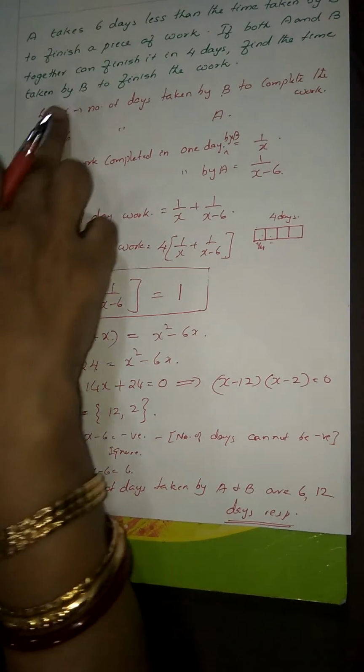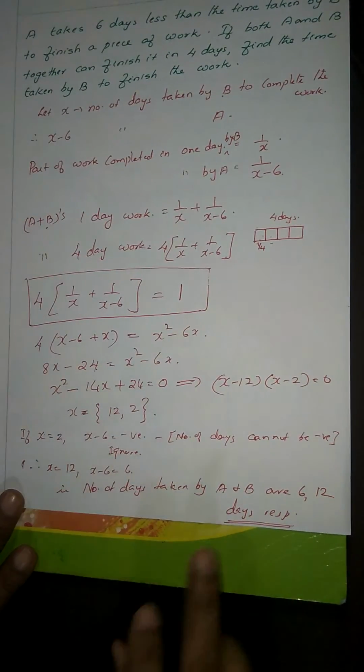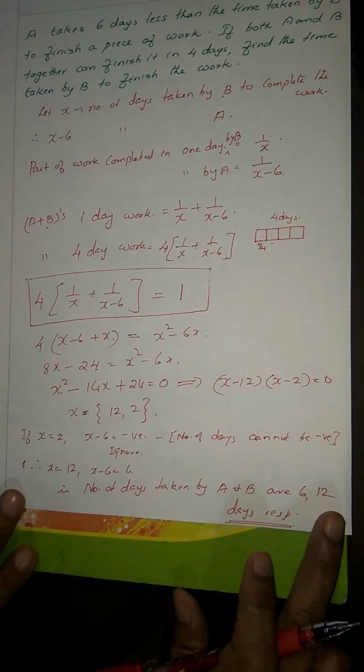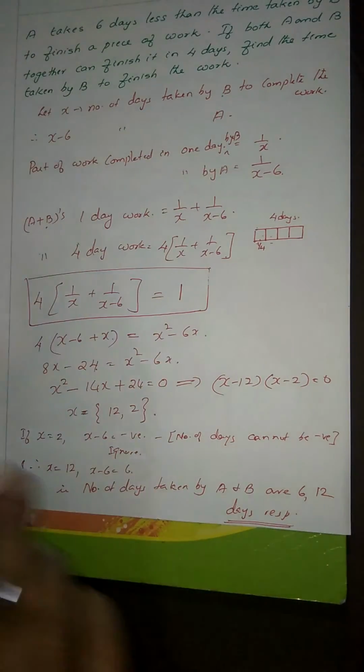So the time taken by B, which we had to find, is 12. B is x, that is 12.